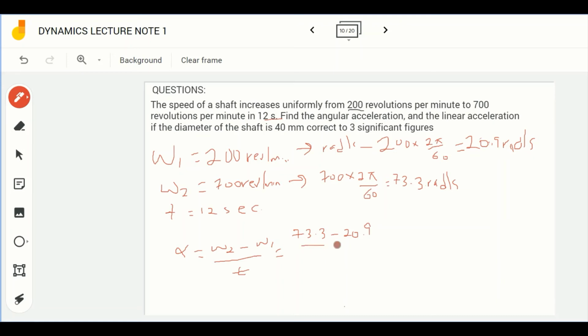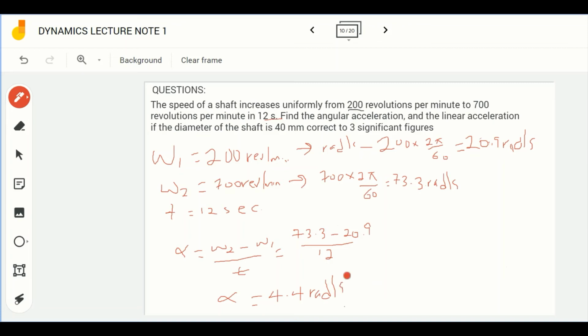So guys, when you punch this in your calculator, our answer, to one decimal place, is 4.4 rads per second squared. That is our angular acceleration.